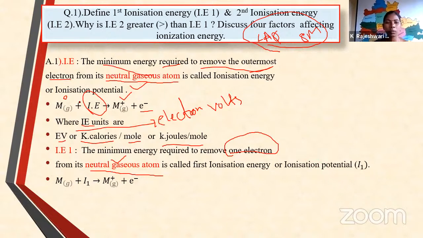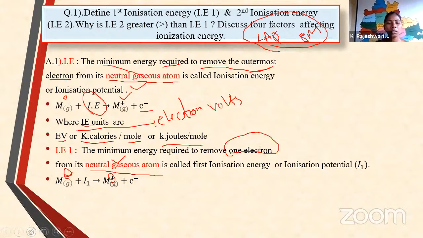Let us look at the equation. If you consider an element M and apply first ionization energy, the electron is lost, giving rise to a unipositive ion. See here, only one unipositive ion. Here it is a neutral gaseous atom because it does not have any charge, the charge is zero.